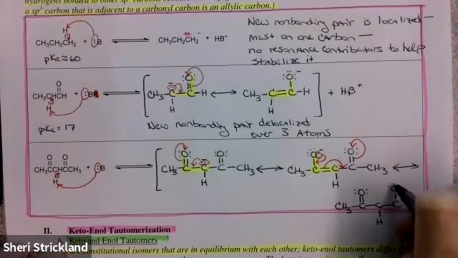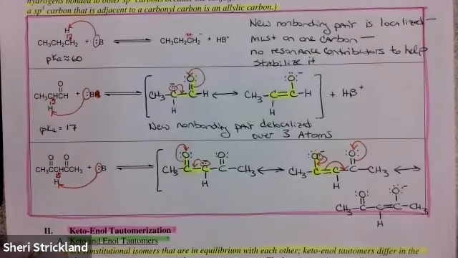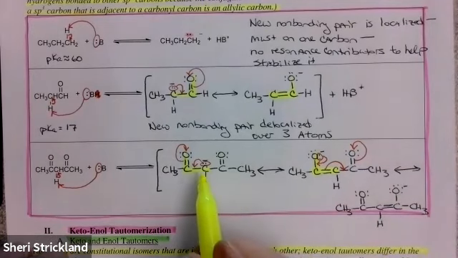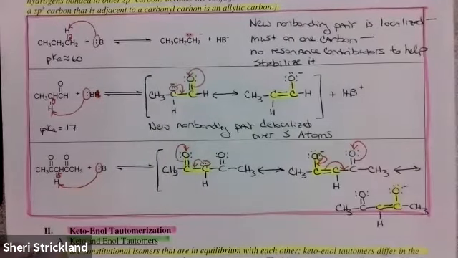So the fact that we can delocalize it in 2 directions means that, in fact, this new non-bonding pair of electrons is delocalized over all 5 atoms.